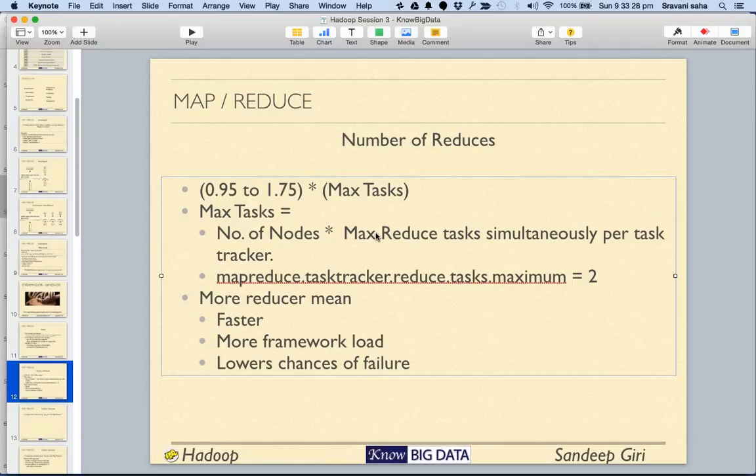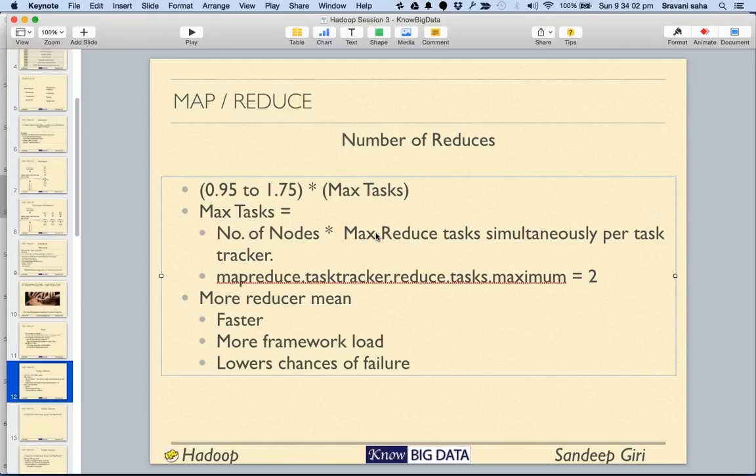You have to choose a number between 0.95 and 1.75 multiplied by the total number of tasks allowed in your cluster, meaning how many tasks your cluster can execute in parallel. That is your total number of reducers.